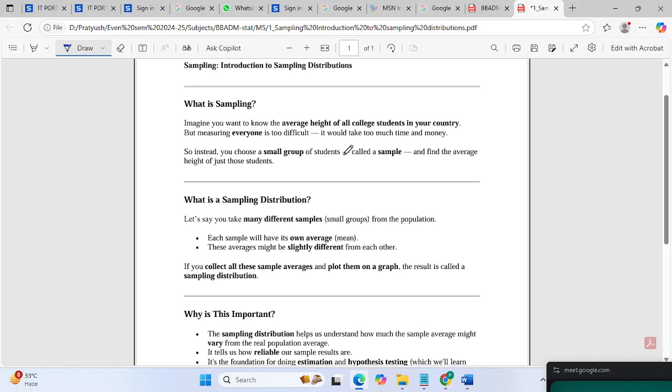So we can choose a small group of students. Let us assume we choose your class, BBADM2B. We measure the height of all the students from your class, and we say that your class is a representative sample.